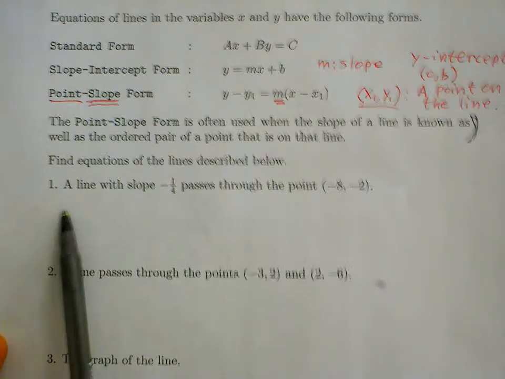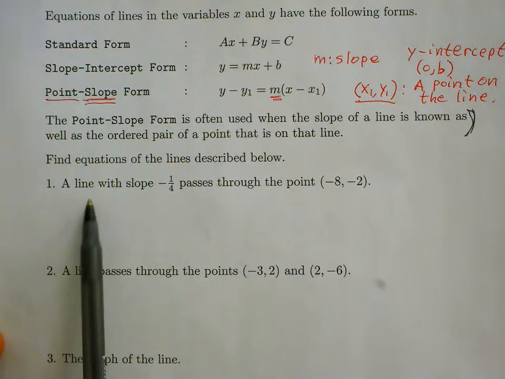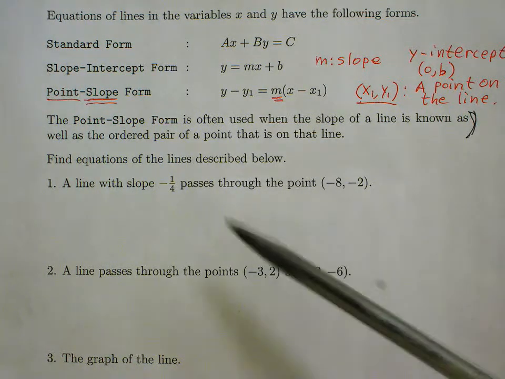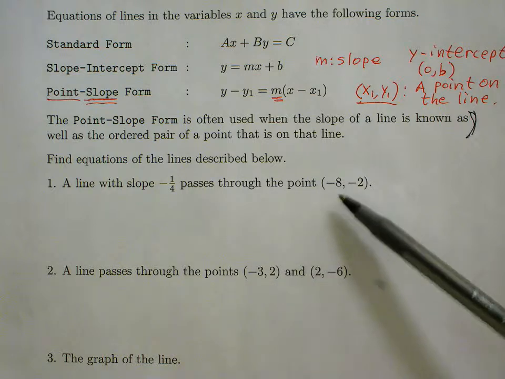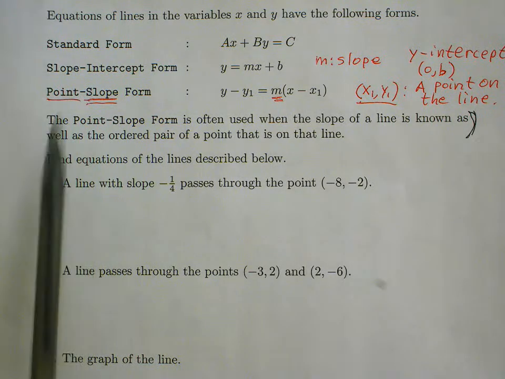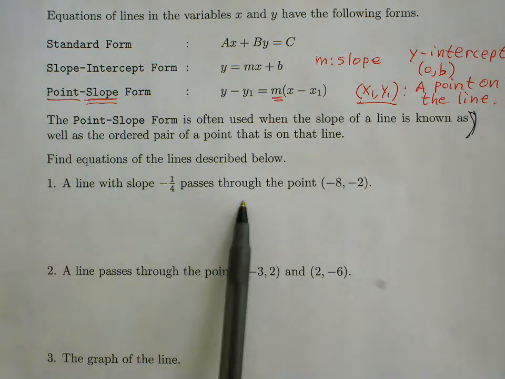So on number one, a line with slope -1/4 passes through the point (-8, -2). So we can find the point-slope form of this line.